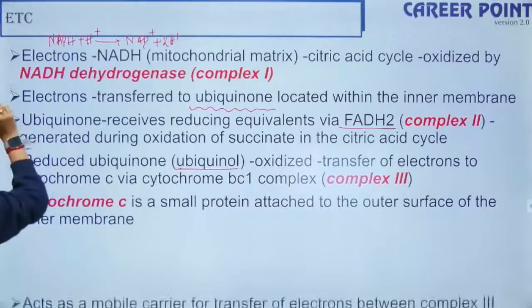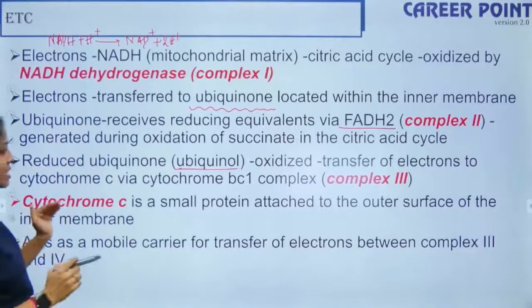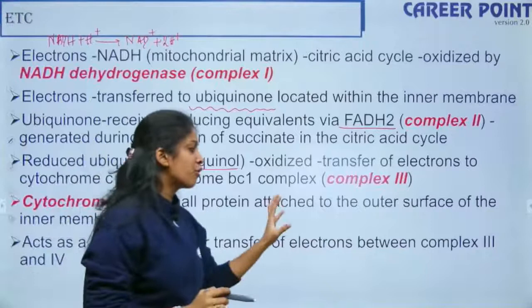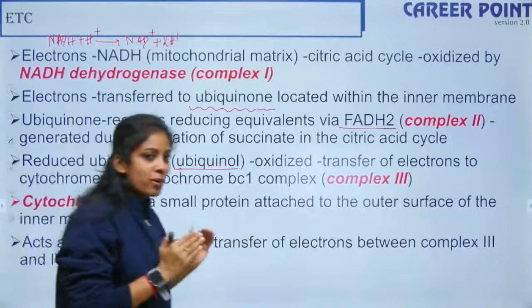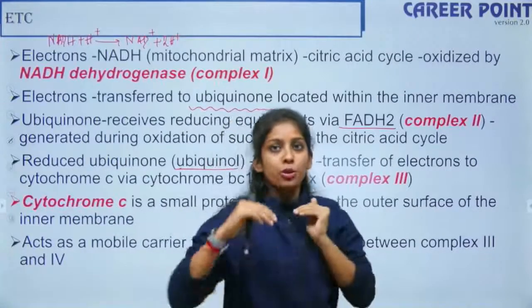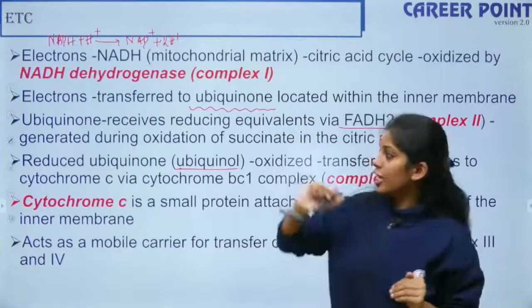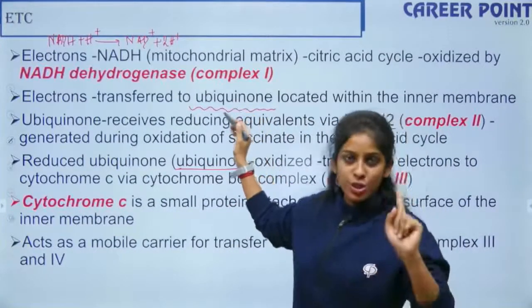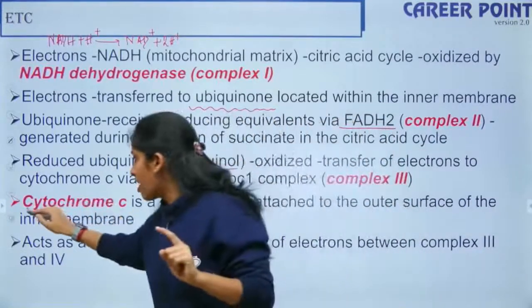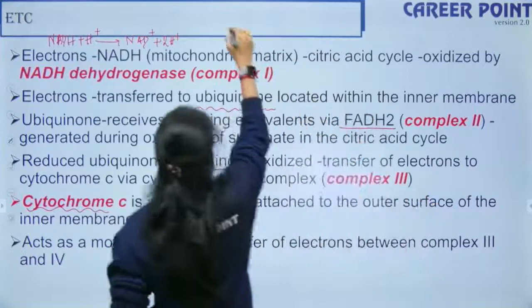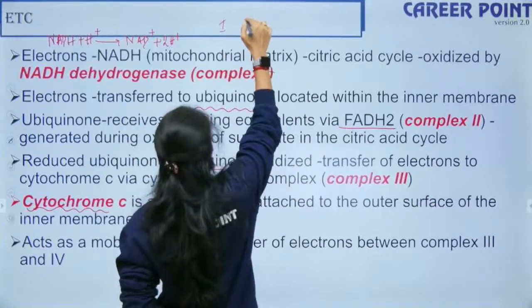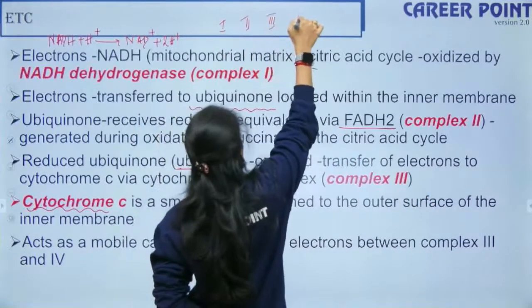Cytochrome C acts as a mobile carrier for the transfer of electrons between complex 3 and complex 4. Between complex 1 to complex 3, and between complex 2 to complex 3, we have ubiquinone. This is your first carrier. The second carrier is cytochrome C. So you have complex 1, complex 2, 3 and 4.